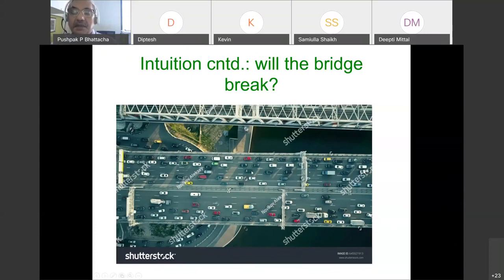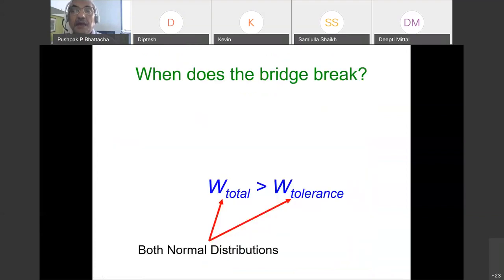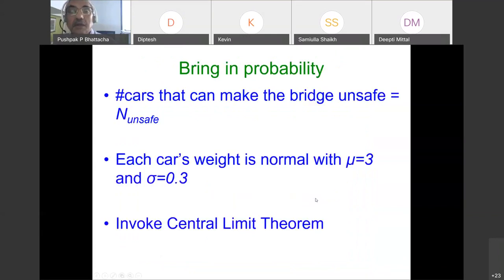How many cars can simultaneously be on the bridge so that the bridge does not break, or equivalently, what minimum number of cars will make the bridge unsafe? We dealt with that by comparing two probability distributions: the total weight of the cars, which is normally distributed, and the tolerance of the bridge, which is also normally distributed. From that, we were able to get a value of n unsafe, as to how many cars will make the bridge unsafe.